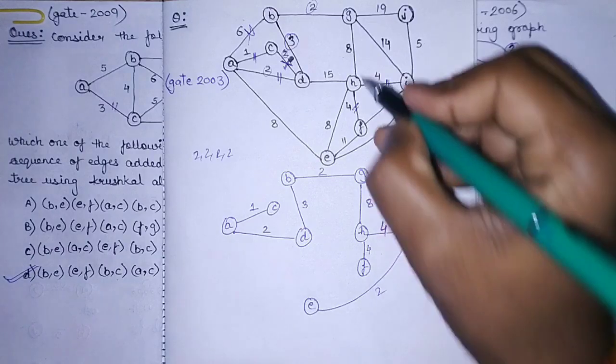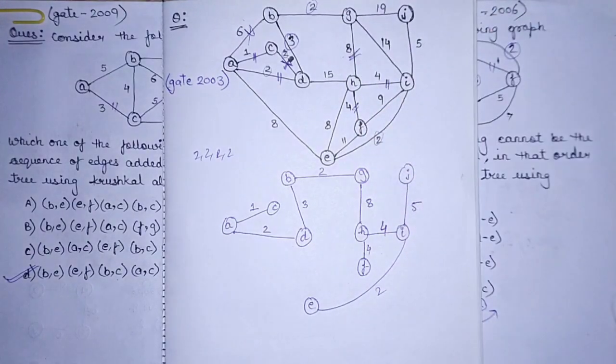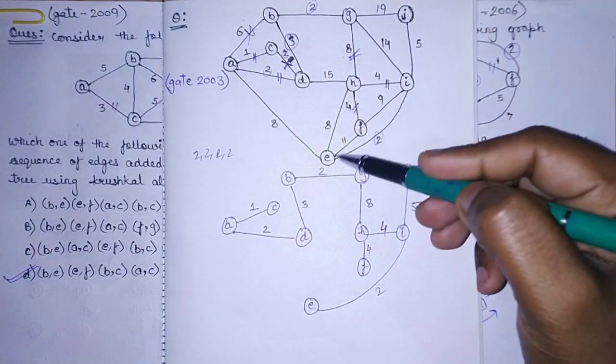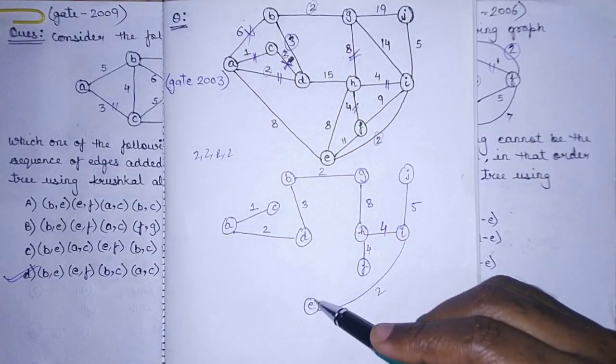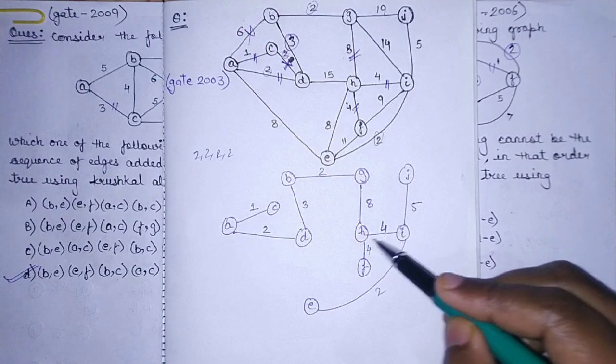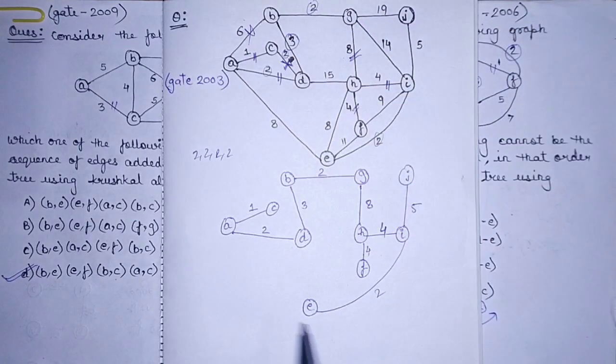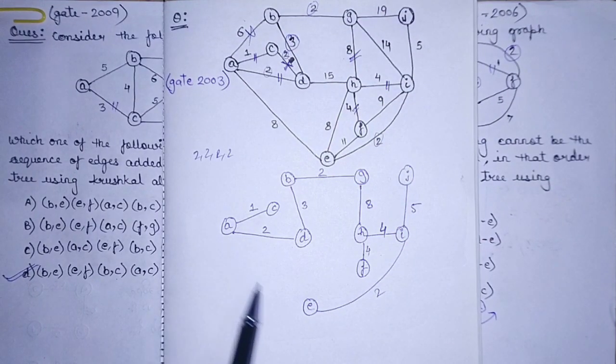After this particular 8, if you try to take any other 8, that means either H to E or A to E, it will form a cycle. If you take H to E, this one will form a cycle. If you take A to E, this one forms a cycle. And any value higher than 8 cannot be taken because they make a cycle.